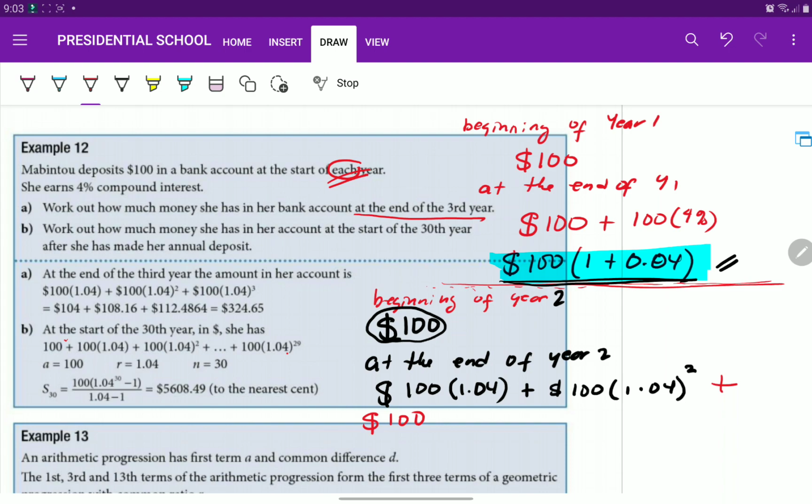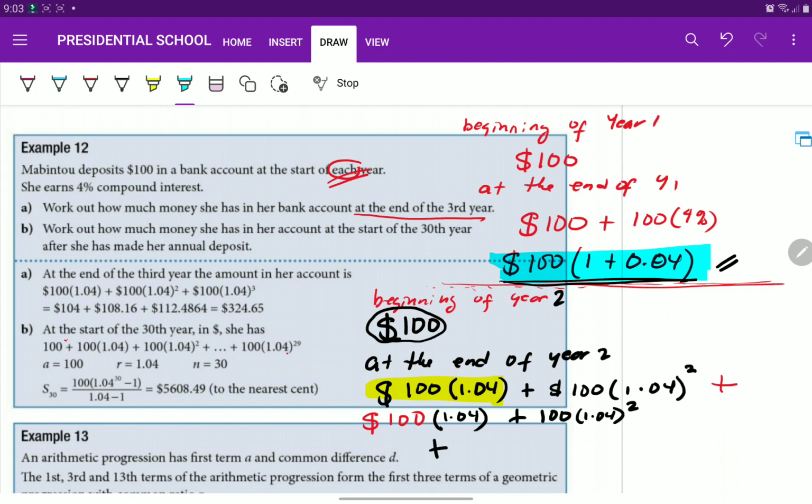So what will happen now is that at the end of year 3, this 100 earns 4% interest, while this one earns 4% again. So that will be 100 times 1.04 squared.